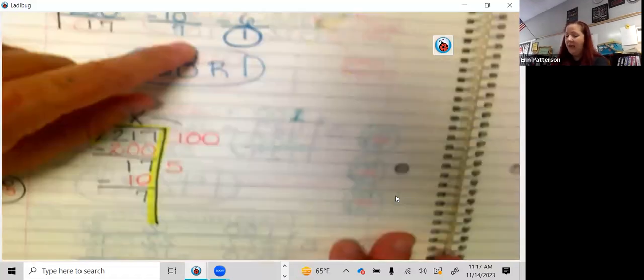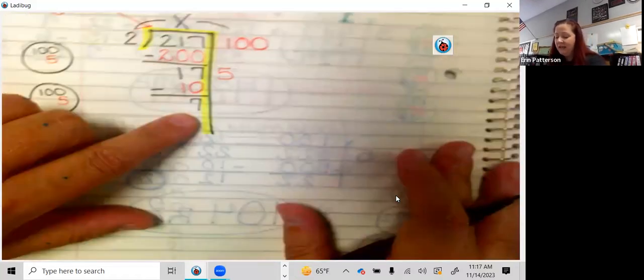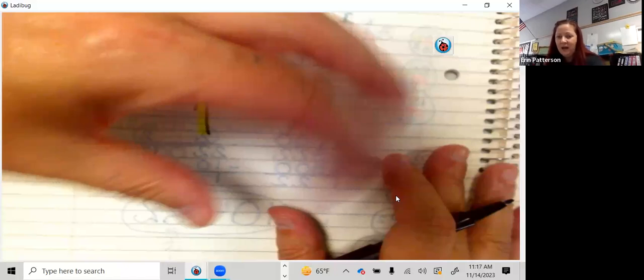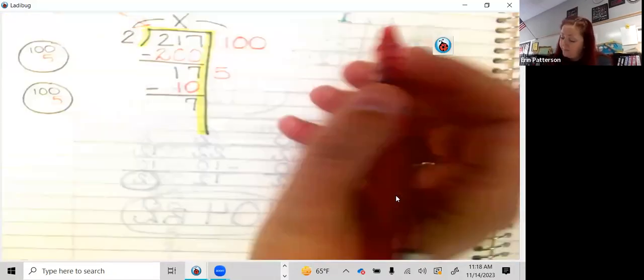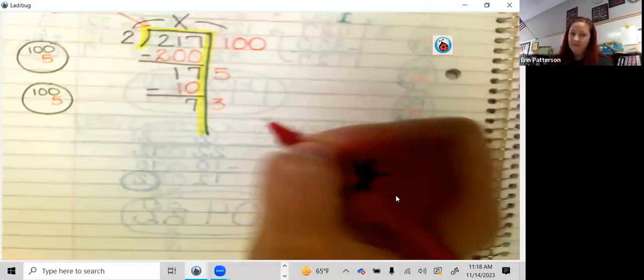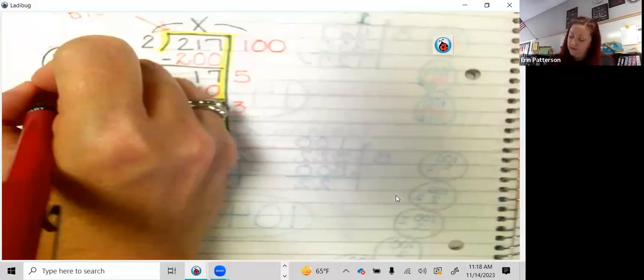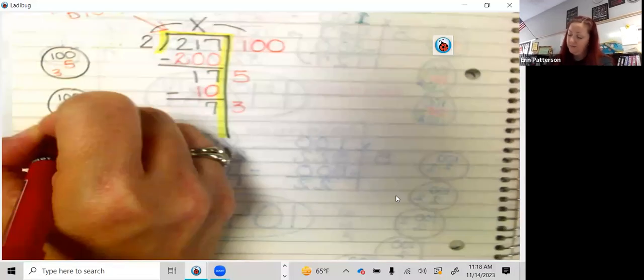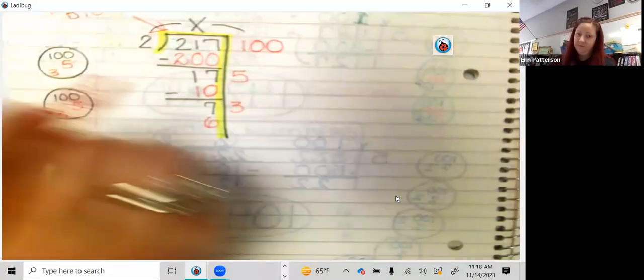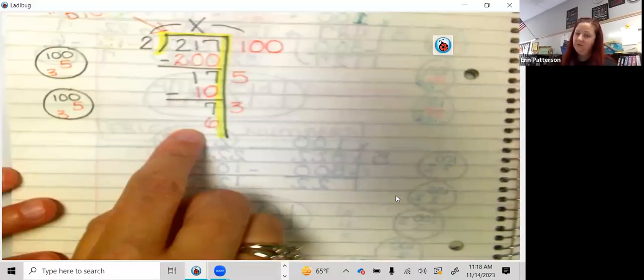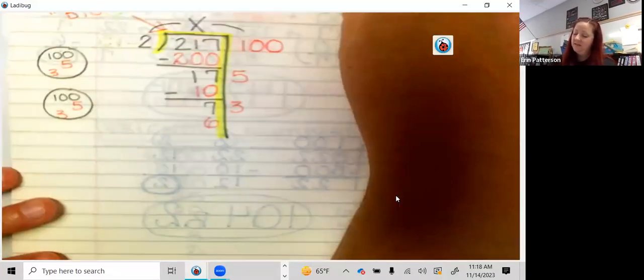And then I say, okay, how many times? What can I take out of 7? What can I scoop out? I can scoop out 3. I can give 3 to this friend and 3 to this friend, which will be 6. Do you see 7 minus 6 in the problem above? Yes.